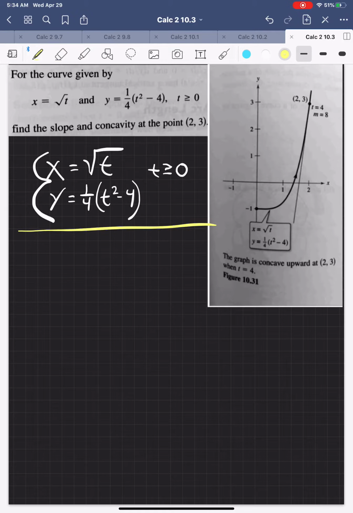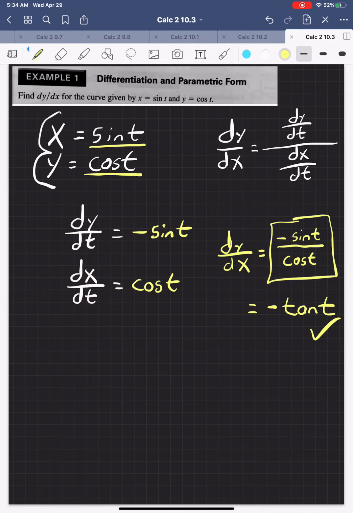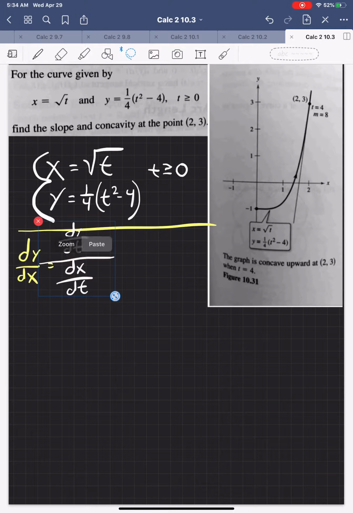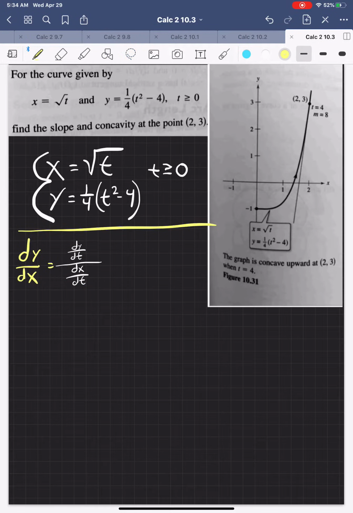So the first thing, if we want to find a slope, we're going to need a derivative. We need dy/dx. To find dy/dx, we know that is dy/dt divided by dx/dt.